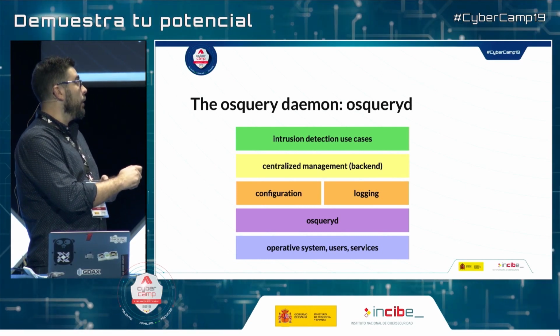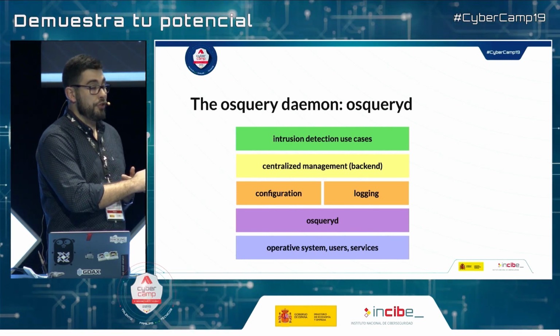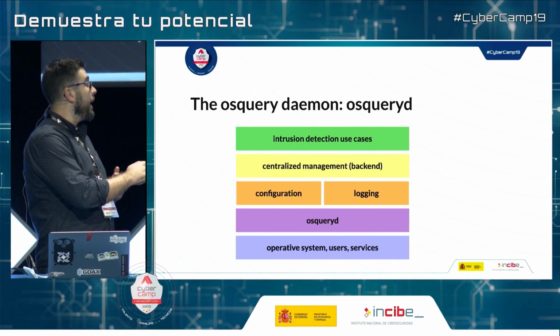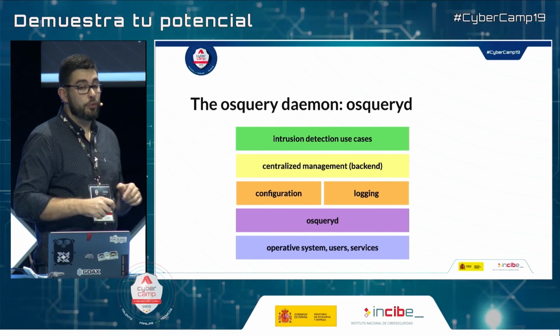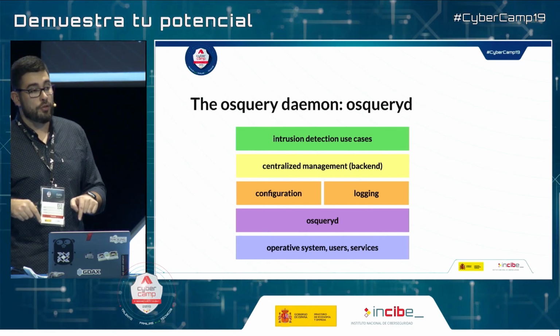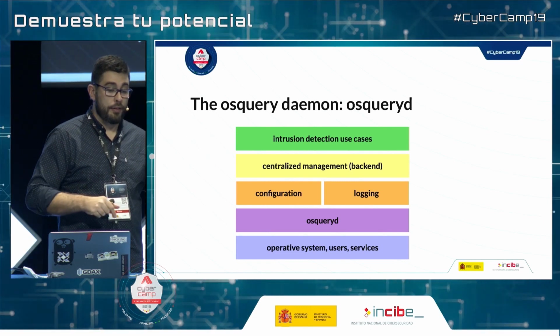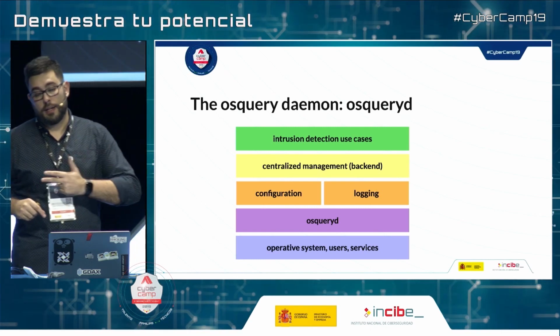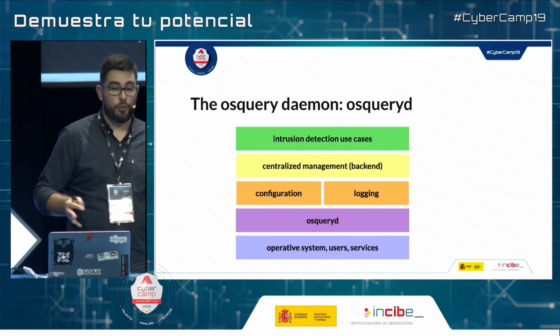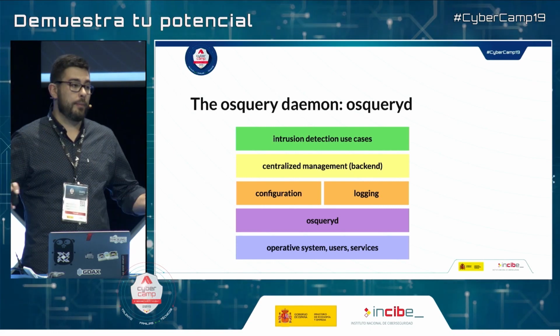Then it would extract logs that would then be sent to centralized management, and within those logs is where you would apply the use cases for client infrastructure or detection infrastructure or whatever you want to use it for.